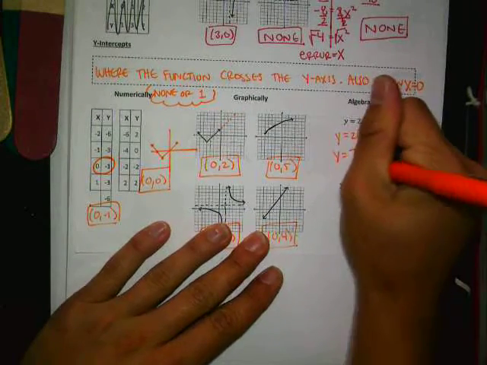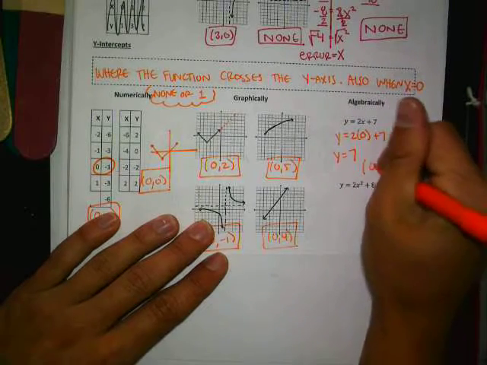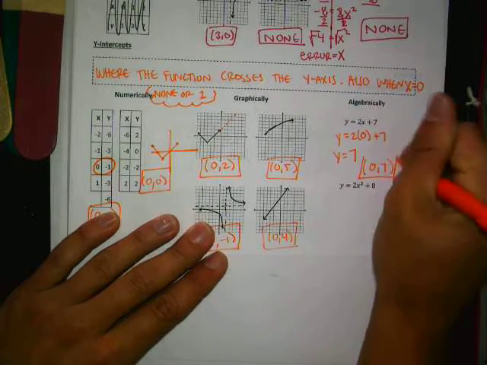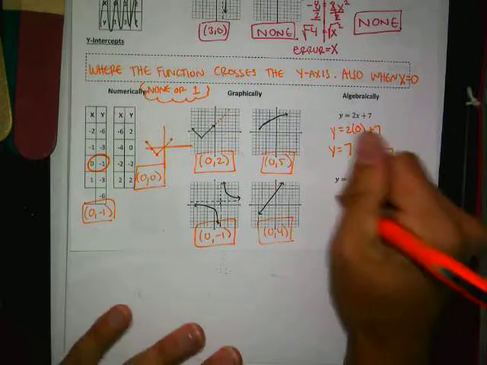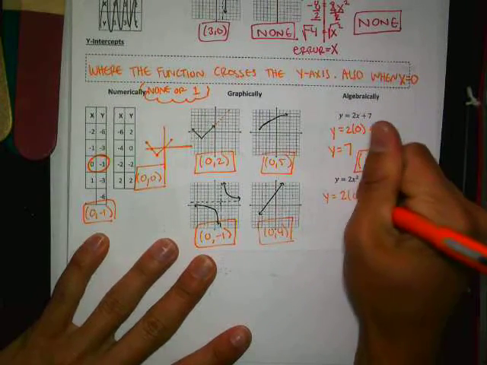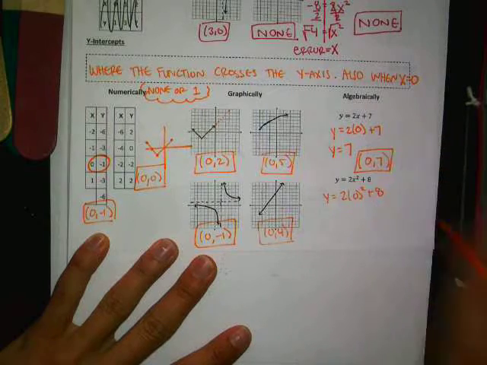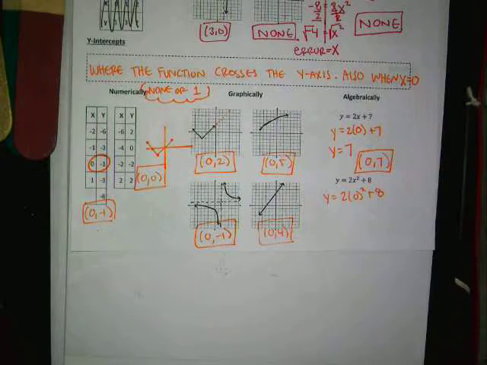So y equals 7. Same thing on the second example. We're going to plug 0 in. Remember order of operations, we have to square first. So 0 squared is 0. 0 times 2 is 0, plus 8. 8. Did you have a question, Isabella? No. Okay.